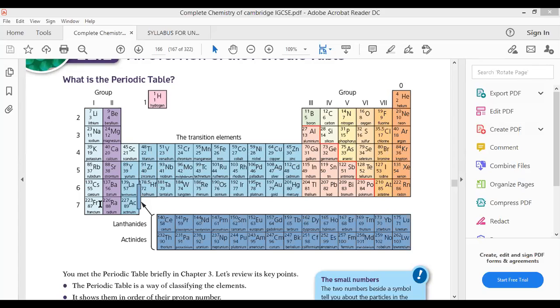Why do they arrange elements in groups? What do you understand? Yes, to find the element easier. Okay. Any other? Good. Try to explain. Don't sit quiet in my class, please, even if you are right or wrong.